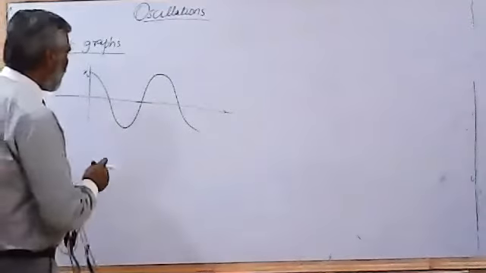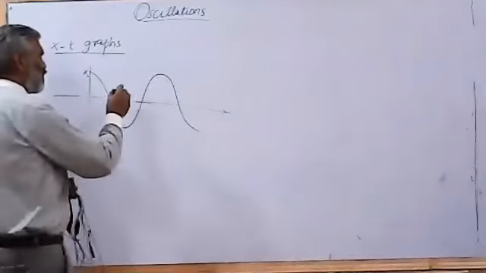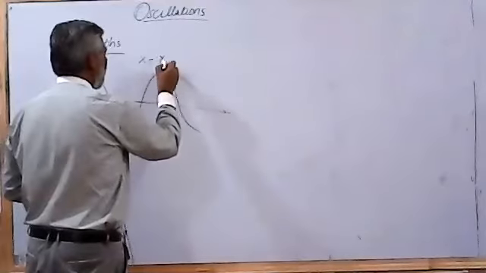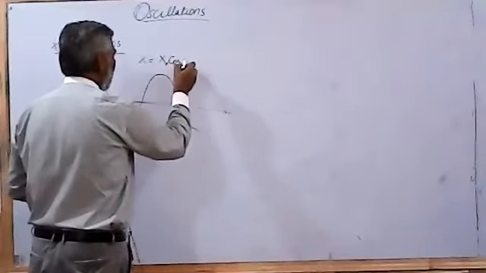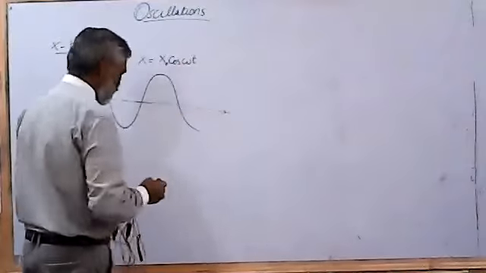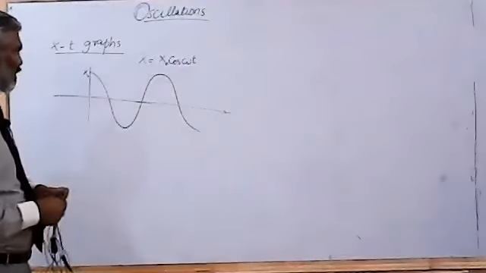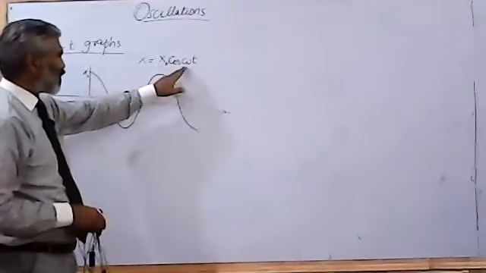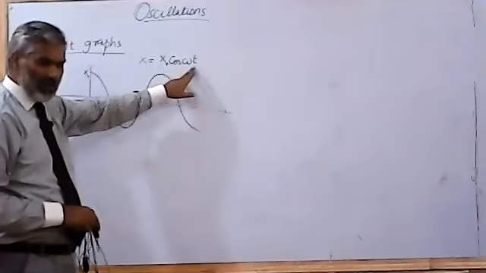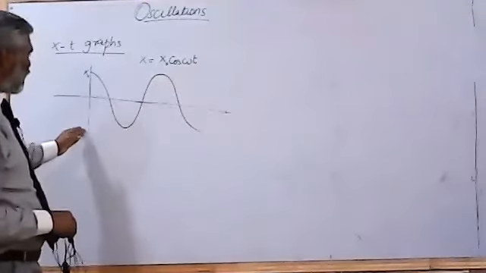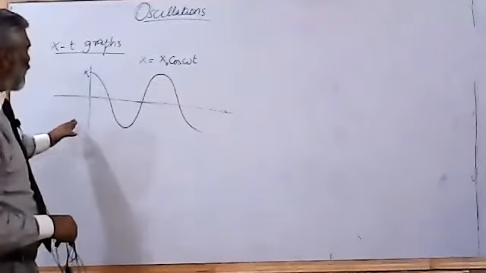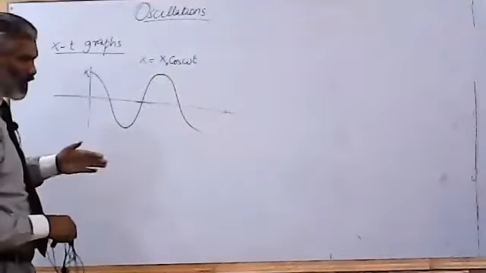The equation that governs this type of change is x is equal to x naught cos omega t. We discussed this equation yesterday, and I emphasized that cos omega t, if t is 0, that means we are here initially, we have just started our stopwatch, and the oscillations are going on at that time.